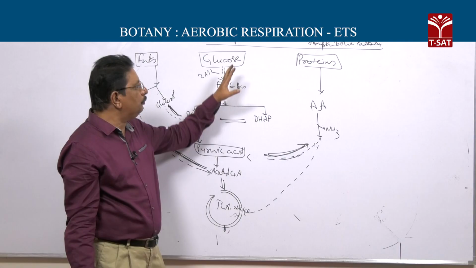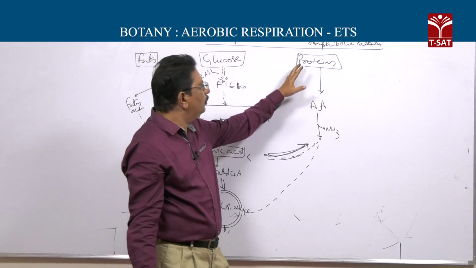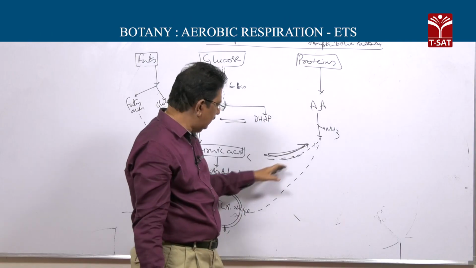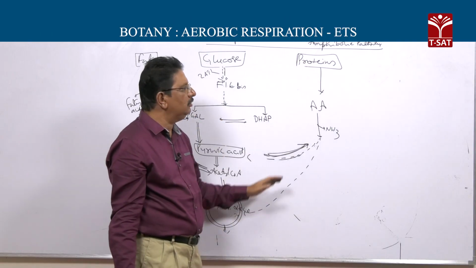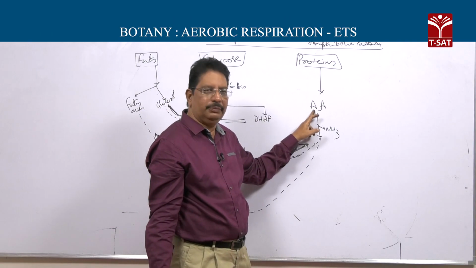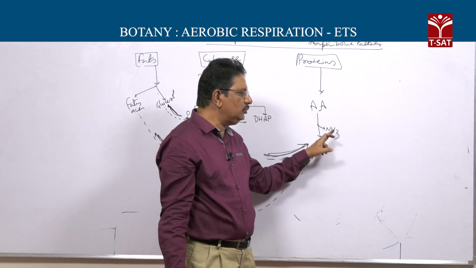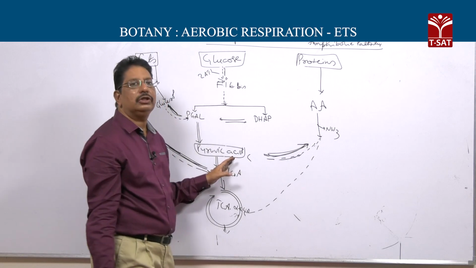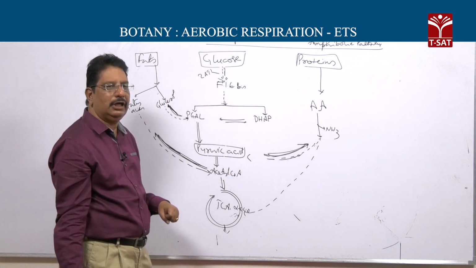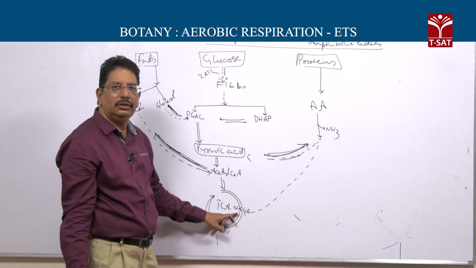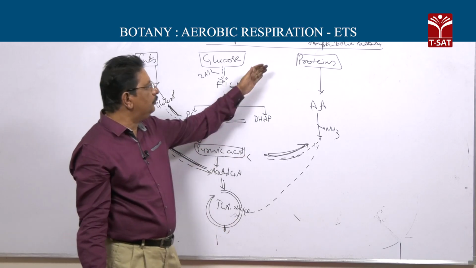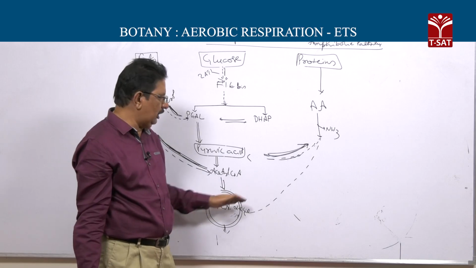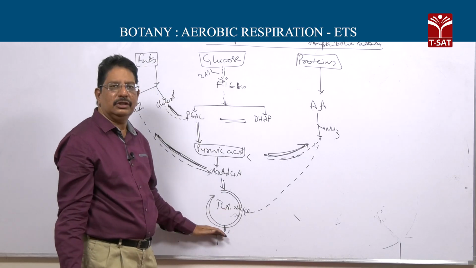And also, if proteins are involved, proteins act as a respiratory substrate, but they cannot directly enter into respiration. They are degraded first into amino acids, which lose ammonia by deamination, and convert into acids like either pyruvic acid or alpha-ketoglutaric acid. So, from proteins via amino acids and keto acids, respiration starts.